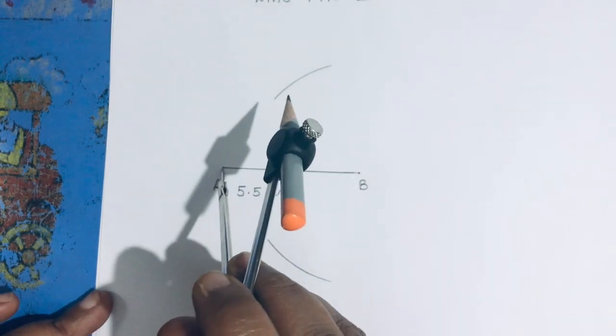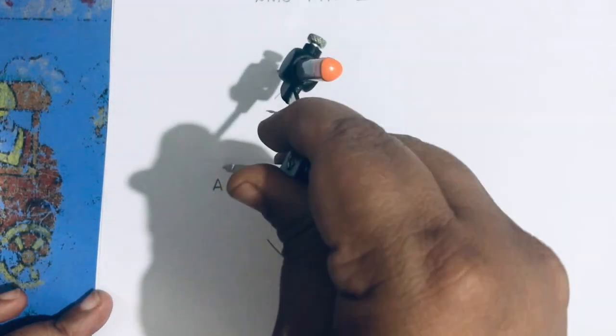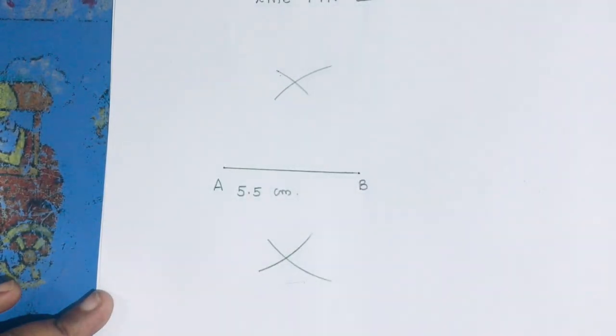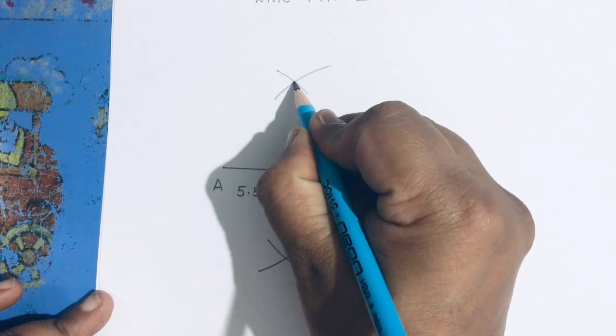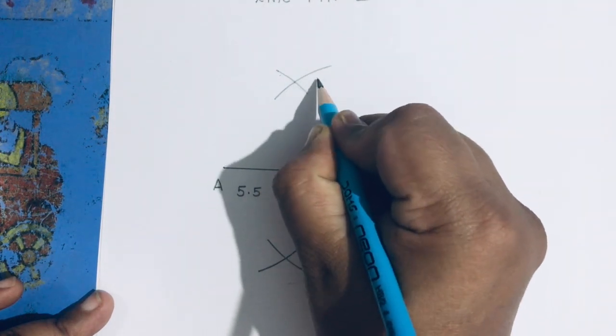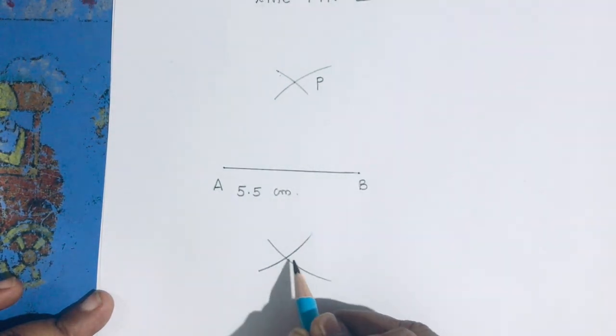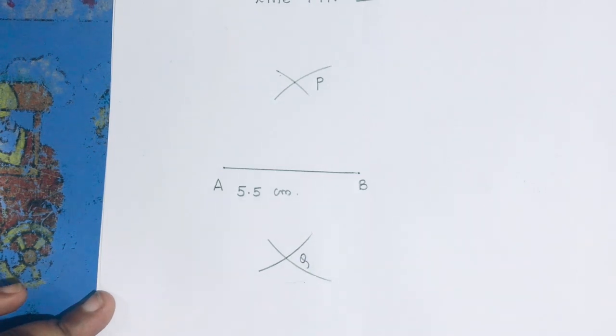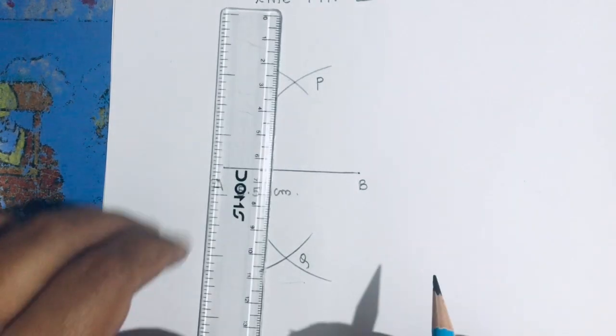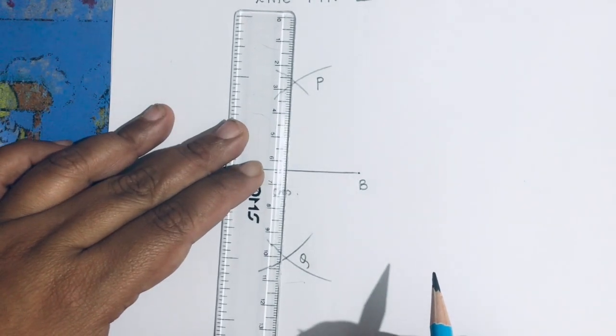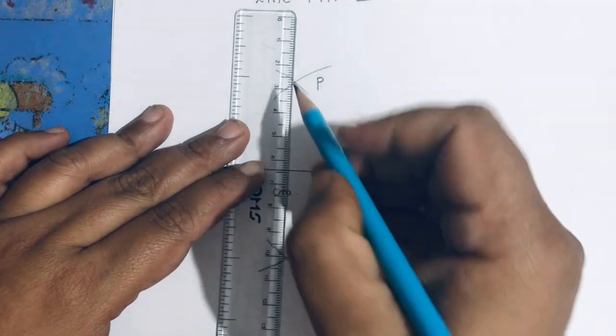Now keep steel point at point A. Draw another arc. Name this intersecting point as P and this one as Q. Join point PQ. Draw a line.